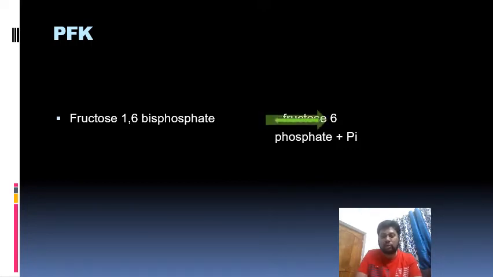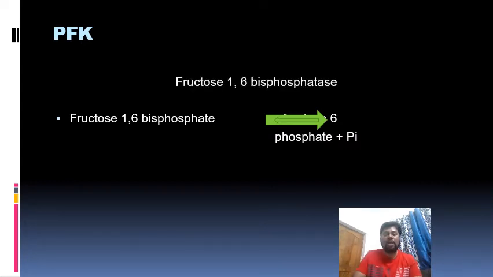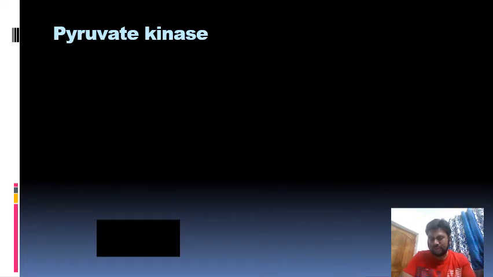In the reverse, fructose 1,6 bisphosphate is broken down and one phosphate is removed. The enzyme for such a reaction is called fructose 1,6 bisphosphatase. This enzyme helps in the reversal of the step catalyzed by phosphofructokinase.